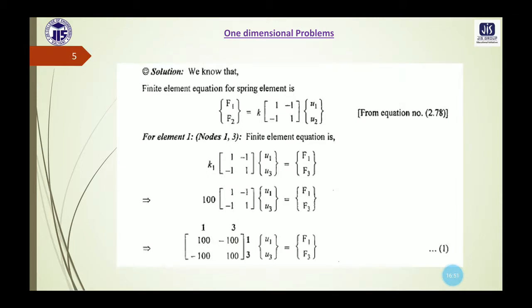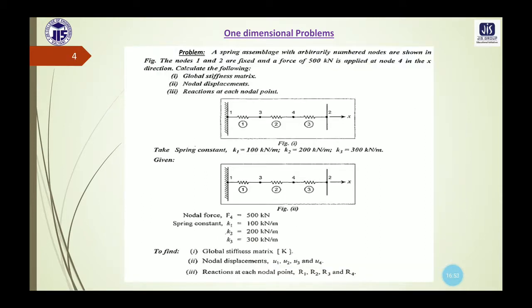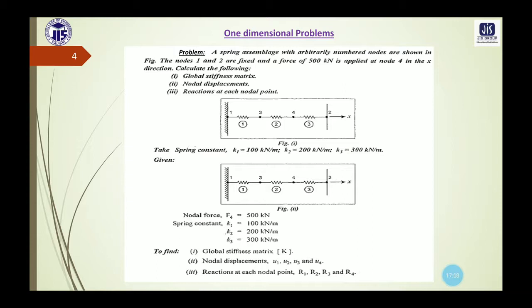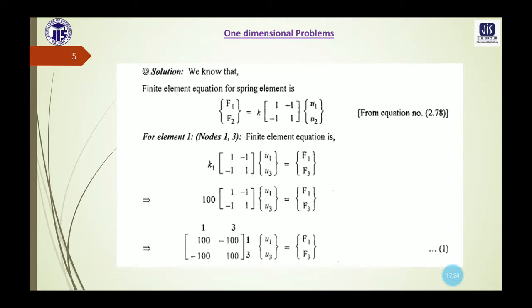To get the global stiffness matrix we started from the finite element equation for the spring element. We applied this equation to the 3 different elements, which have 4 different nodes, one by one.